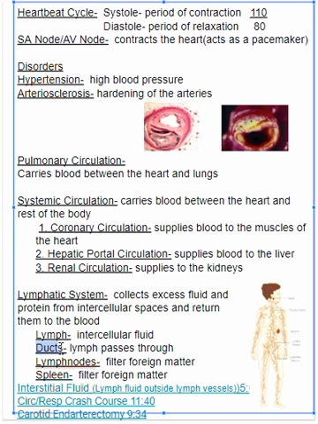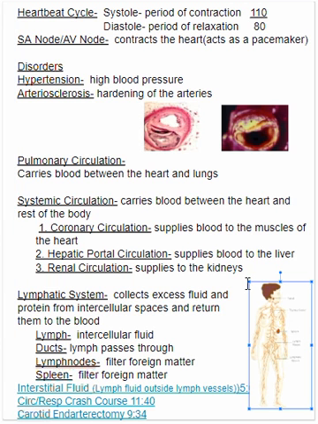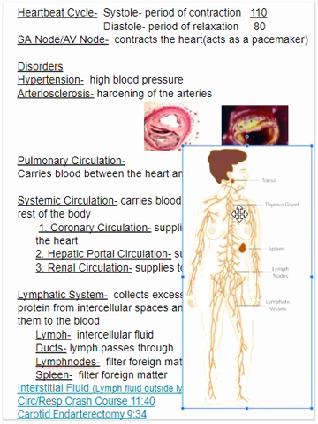There are a series of ducts or tubes that lymph collects in, and periodically in different regions of the body, there are lymph nodes. Your doctor feels these in your neck to see if you potentially have an infection, because the lymph nodes are where white blood cells tend to collect.